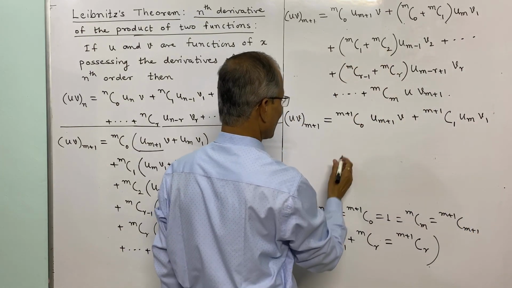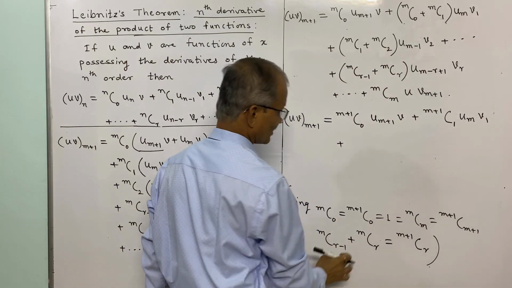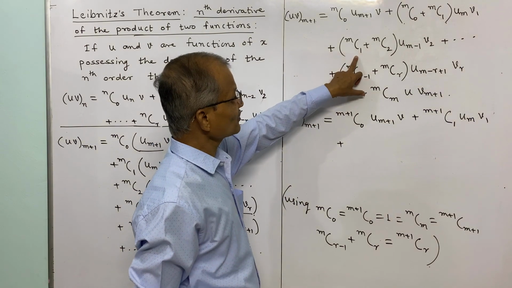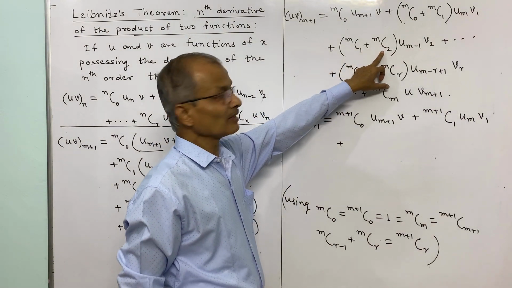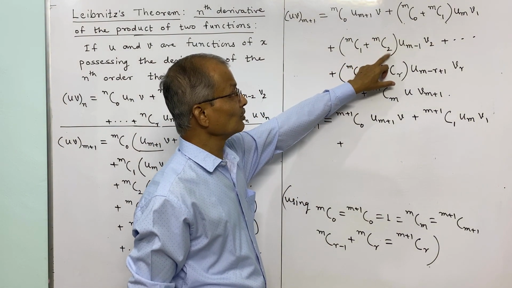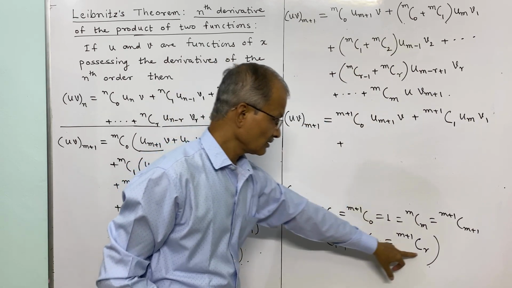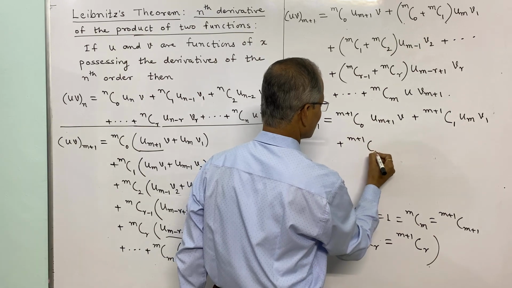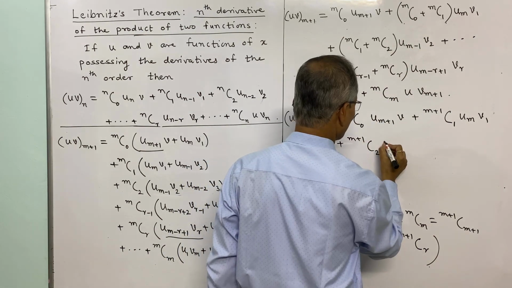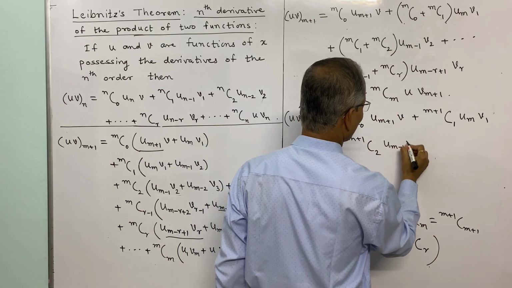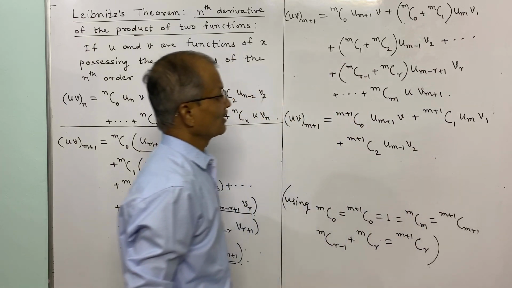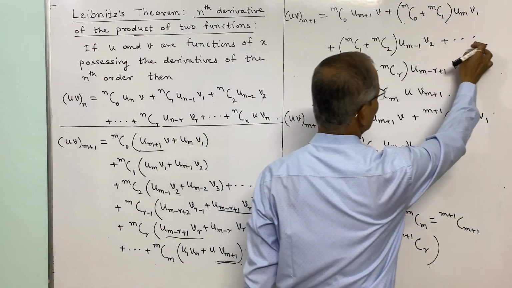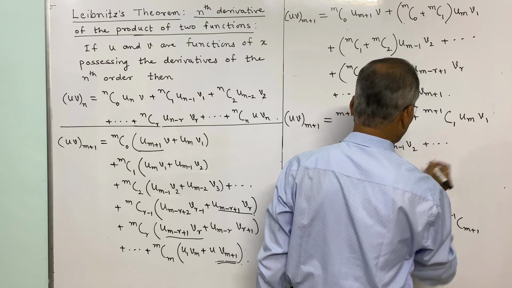Now what will be this by the same result? m choose 1 plus m choose 2 will be m plus 1 choose 2, and it is the m minus 1th derivative of u into v2, and so on.